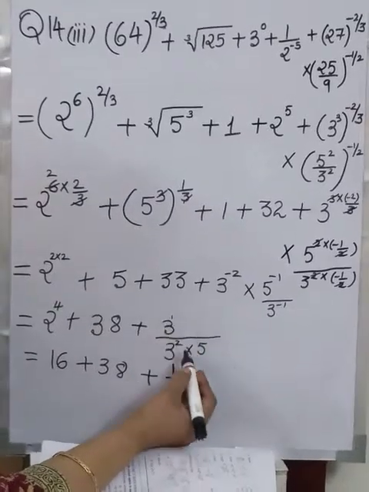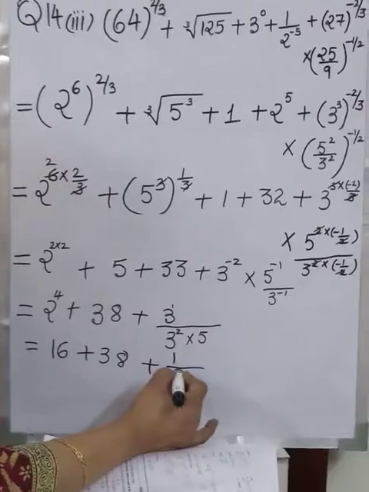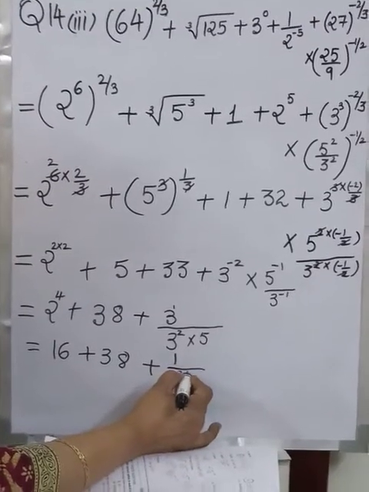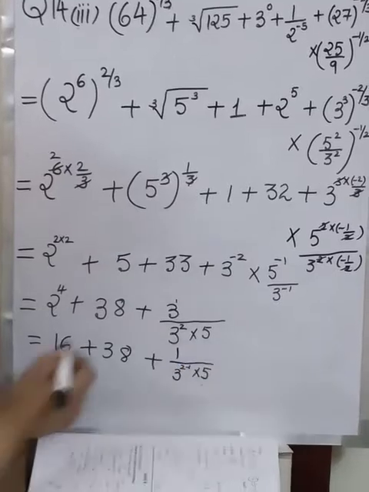Numerator power is smaller than denominator power, so we move the power to the denominator: 2 minus 1, into 5 as it is.